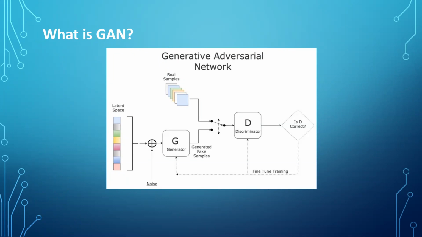The generator's task is to generate data, in our case, let's say, images of faces. The generator makes human faces without any prior knowledge of how humans actually look. And the discriminator's job is to distinguish if the generated image is real or fake.